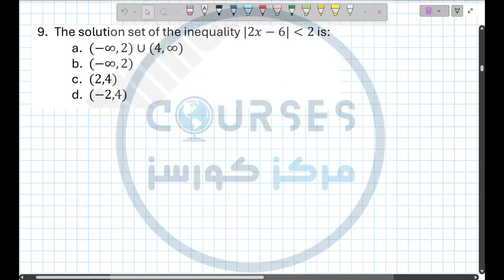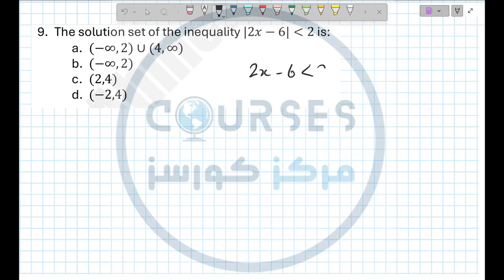Okay, the solution set of this inequality, of course this is the AND case, so we're gonna write it exactly the same. And we just repeat the last part here with negative. So first of all, this negative 6 will go to the other side as plus 6.